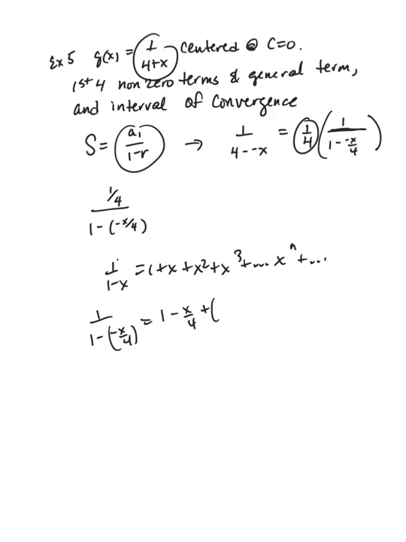So plus, this is negative x over 4 squared. And then negative x over 4 cubed, negative x over 4 to the n. So this becomes 1 minus x over 4 plus x squared over 4 squared. You can leave it like this. There's no reason to make it look any prettier than this.